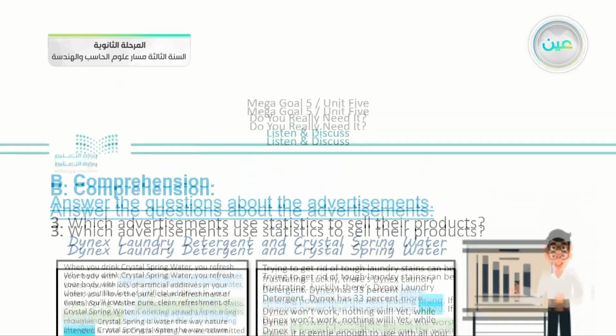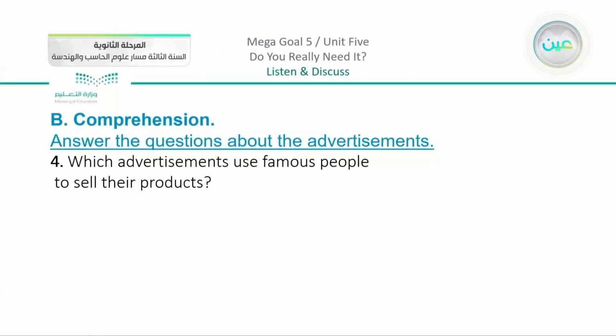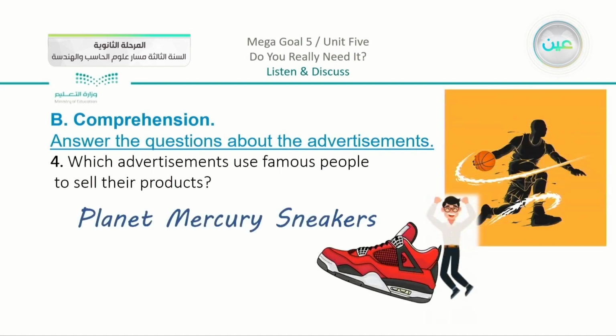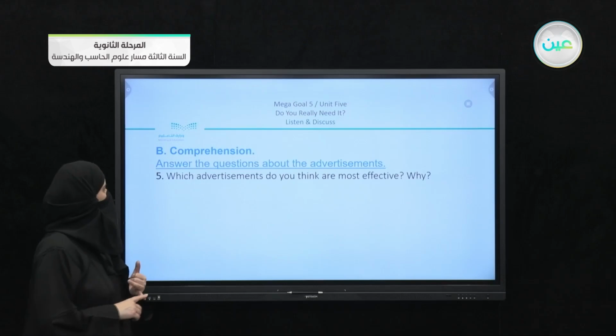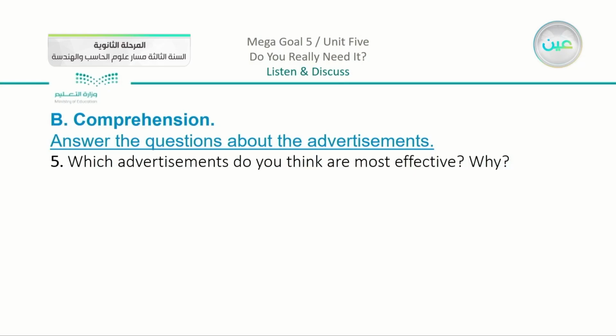Now we have also the question number 4. Which advertisements use famous people to sell their products, which is the same as we mentioned before when we did mention NBA players. And the last question here we have: which advertisements do you think are most effective and why?